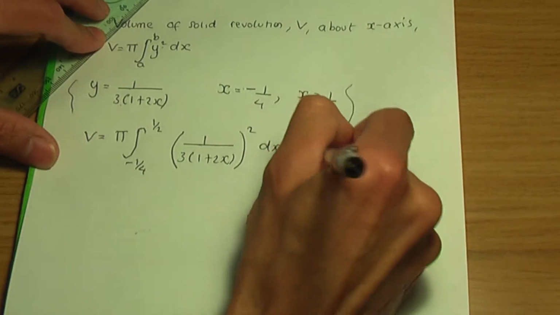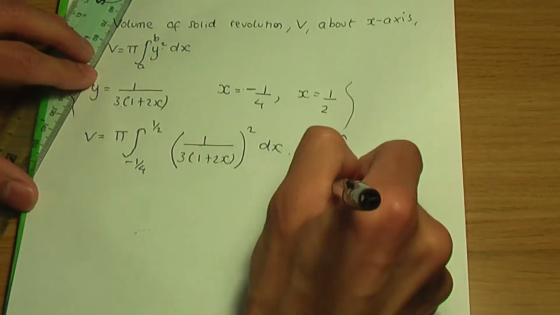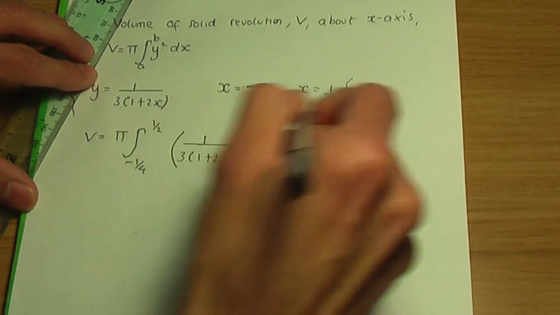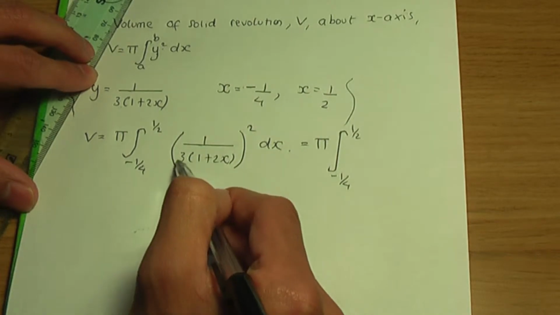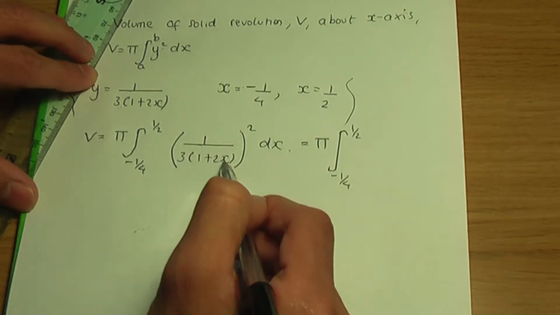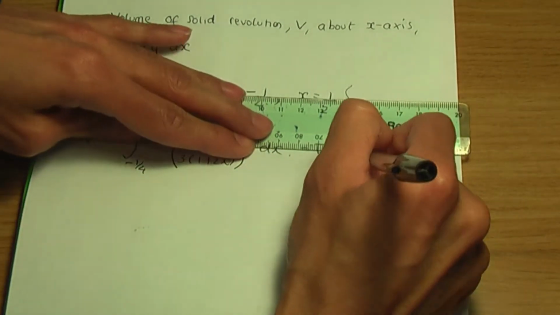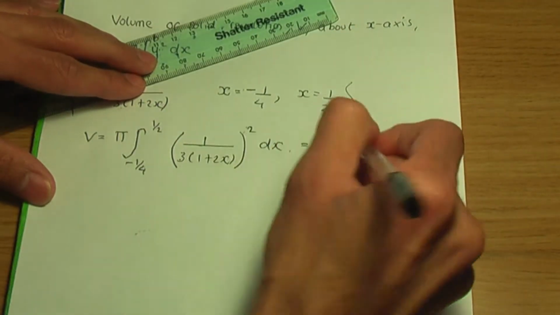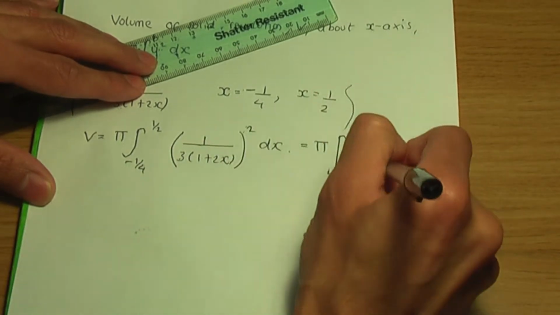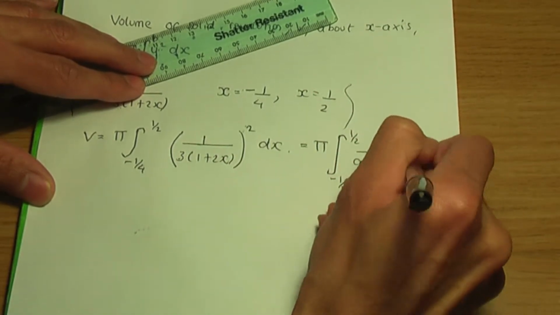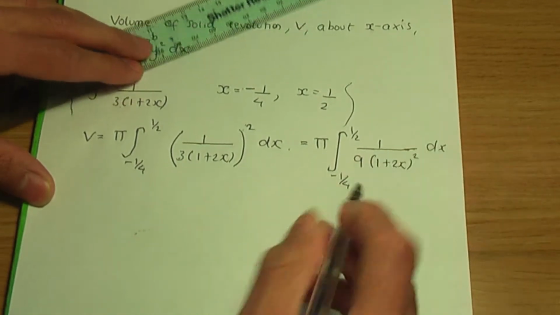So when we get rid of the brackets, we'll have pi into the integral between limits minus a quarter and a half. And if I square 1 over 3 into 1 plus 2x, 1 squared is 1 on top, divided by 3 squared, which is 9, 1 plus 2x to the power 2, let me write it as this, 1 plus 2x to the 2 with respect to x.